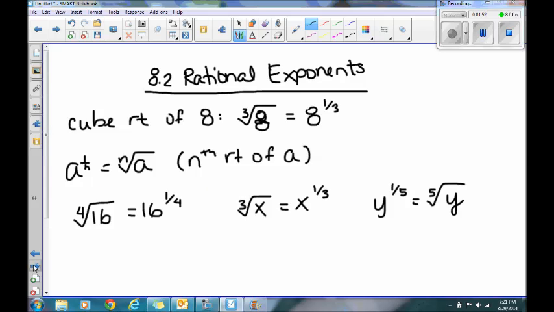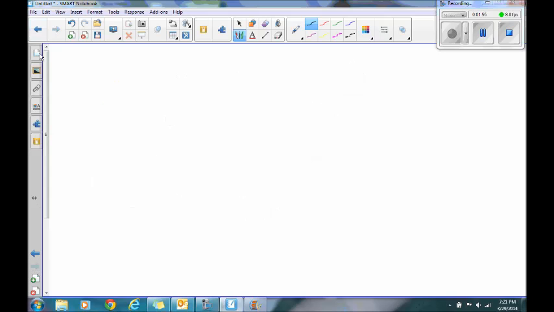So if you're asked to evaluate or to simplify, or however the instructions say, they say find 9 to the 1/2 power. What that means we're trying to find is the square root of 9. And the square root of 9, the number that we square to get 9, is equal to 3.